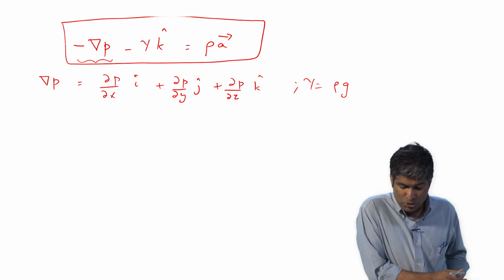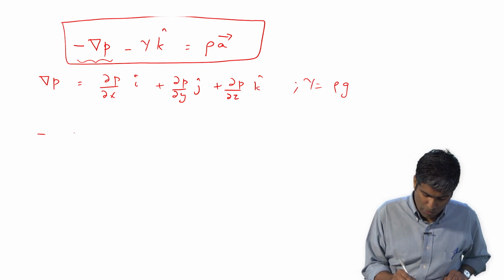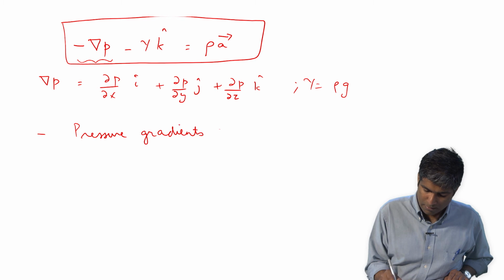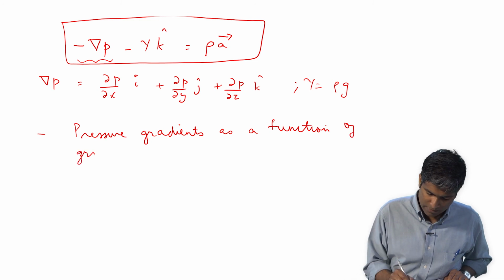And what this lets us do is we have an equation now for the pressure gradients as a function of gravity and density.